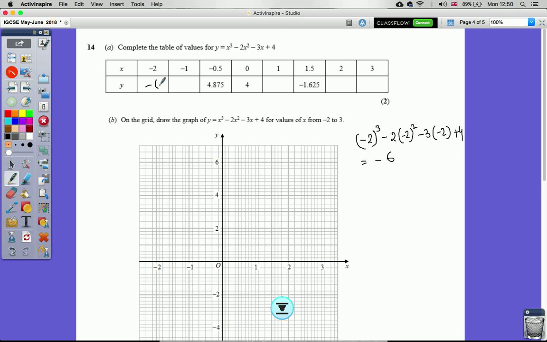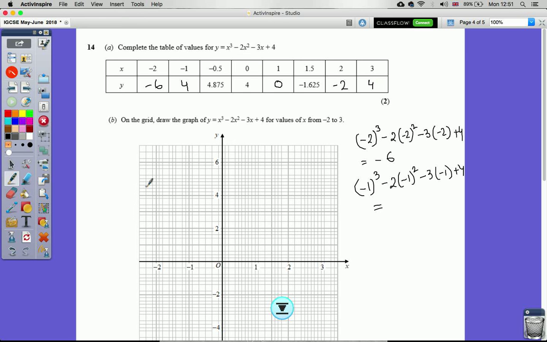And we repeat the calculation with minus 1: minus 1 cubed minus 2 times negative 1 squared minus 3 times negative 1 plus 4 will give me 4. When I replace it with 1, I will get 0. When I substitute with 2, I will get negative 2. And when I substitute it with 3, I will get 4.